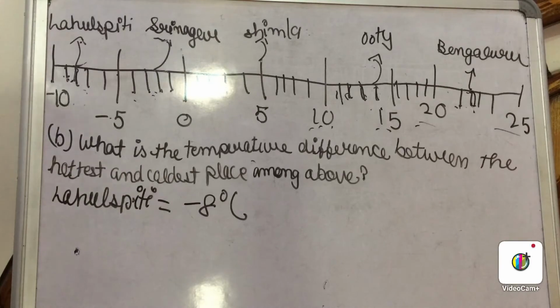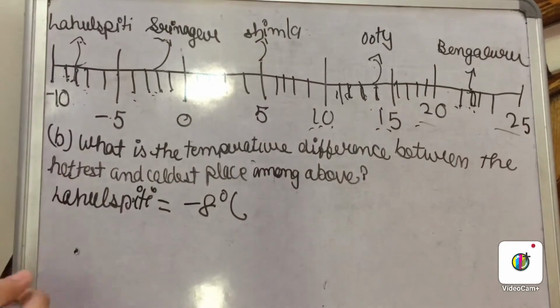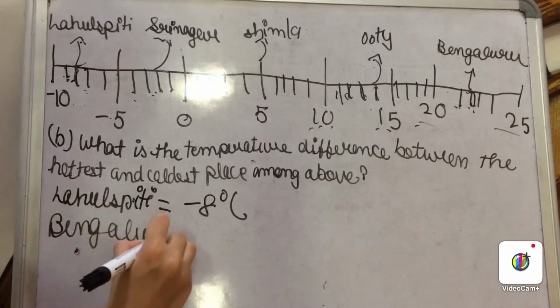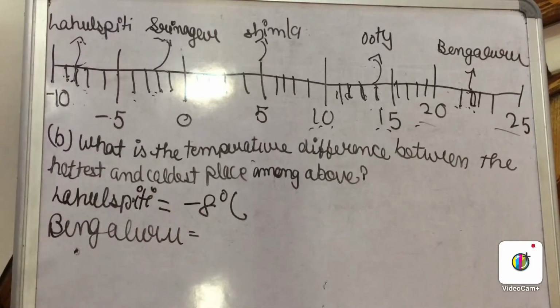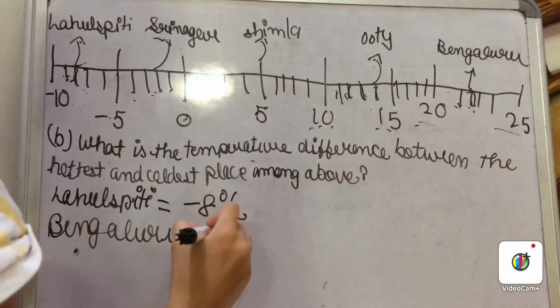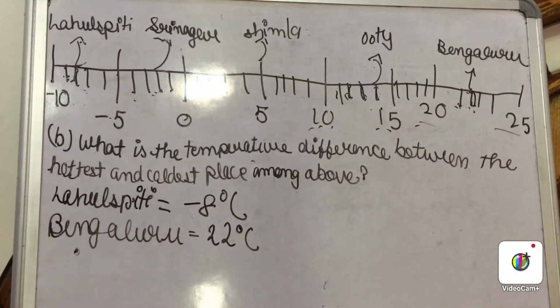Now the hottest place among the above is Bengaluru, so the temperature at Bengaluru is 21, 22. So the temperature at Bengaluru is 22 degrees Celsius. Now we will find the difference between these two.